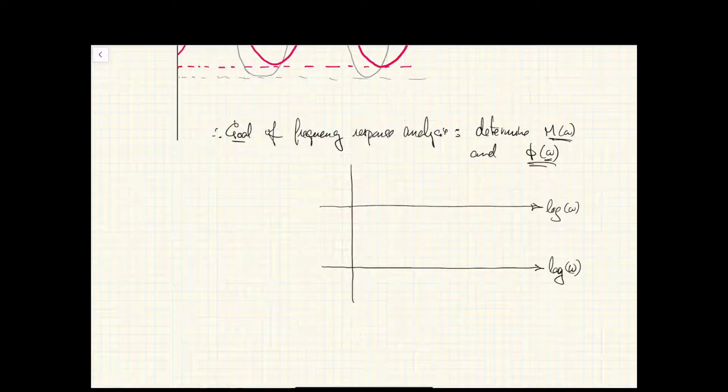And on one of them, I'm going to have an amplitude. And on the other one, I'm going to have the phase. And so my plot is going to do something.